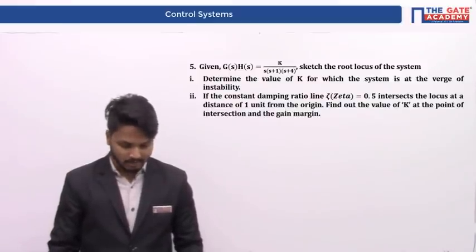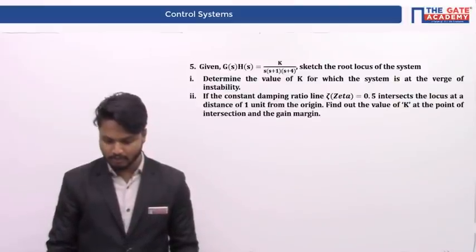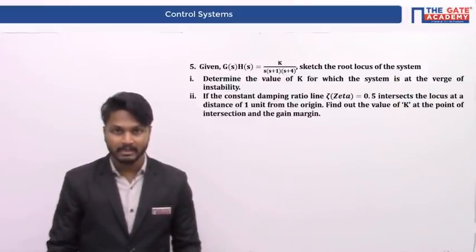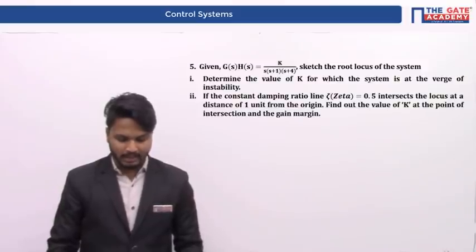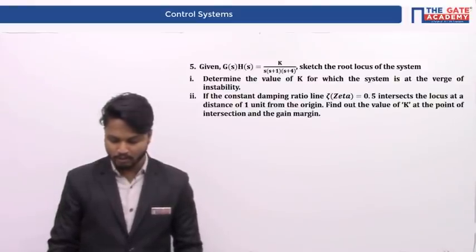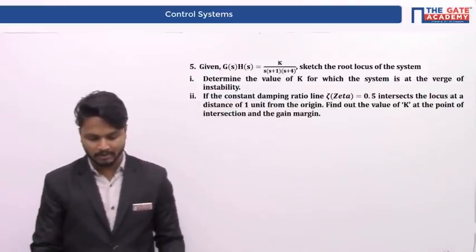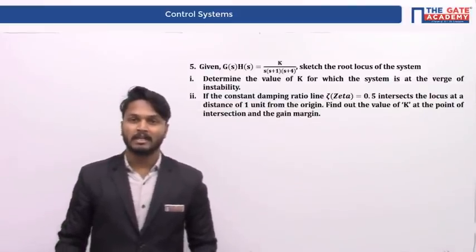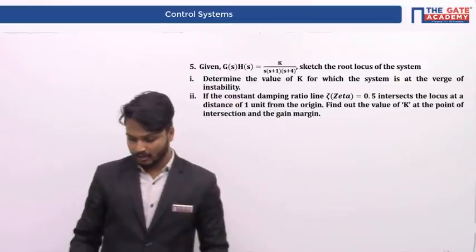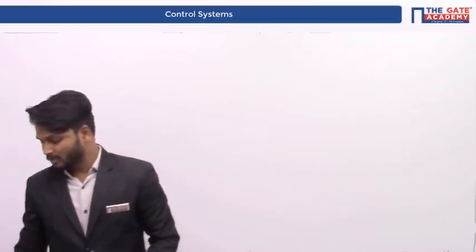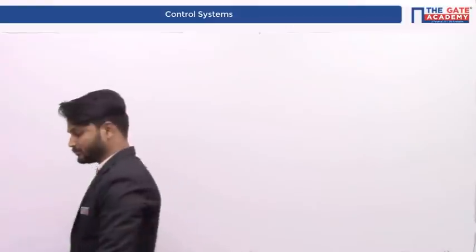The second question is, if the constant damping ratio line zeta equal to 0.5 intersects the locus at a distance of 1 unit from the origin, find the value of K at the point of intersection and the gain margin at that particular point.